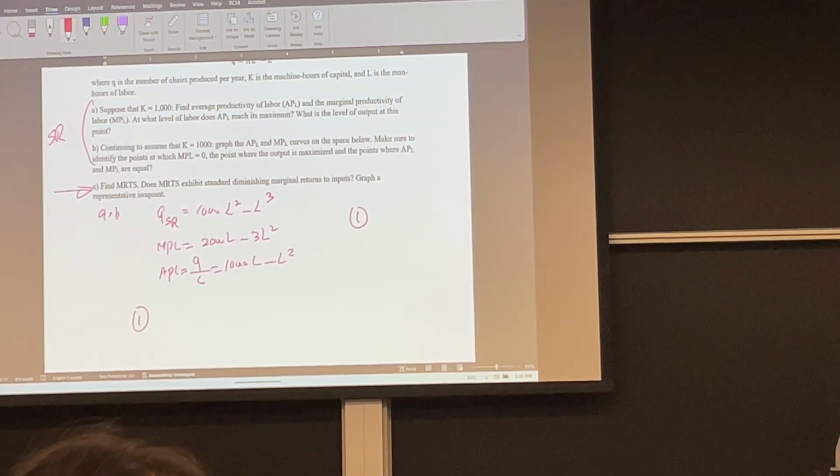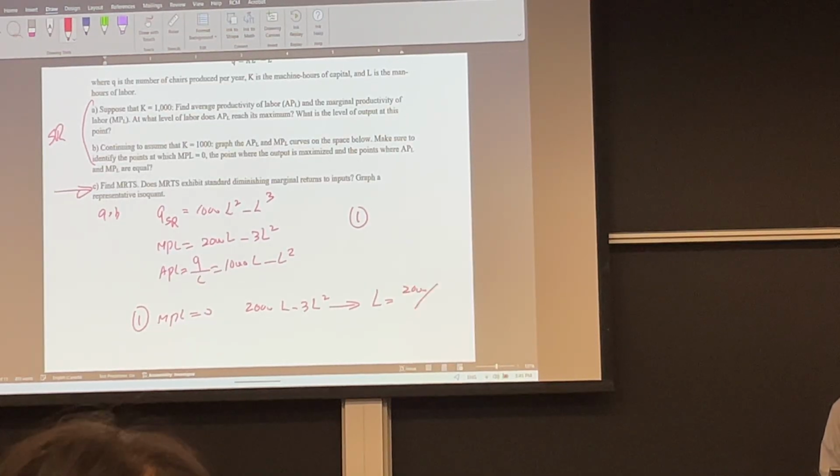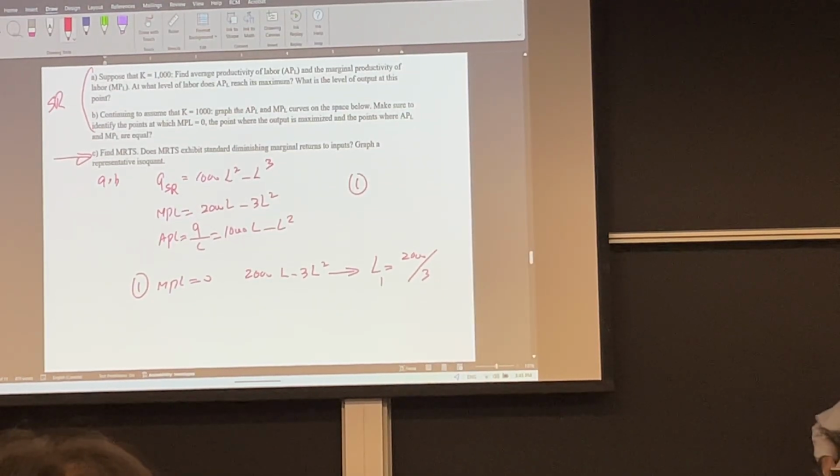You put MPL equal to 0, because anything more, that's inefficient. So let's do that. That is point number one. You cannot use more labor because thereafter the labor is inefficient. Alright? Okay, what's the second one?